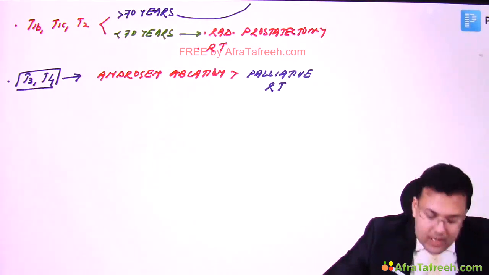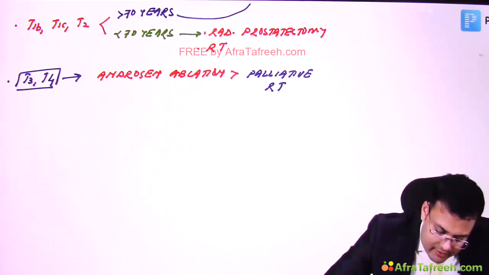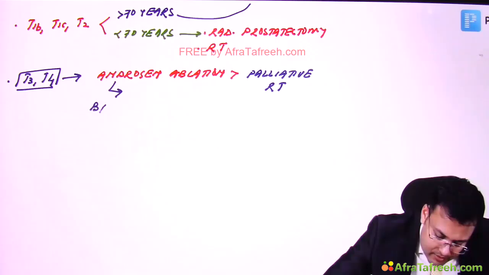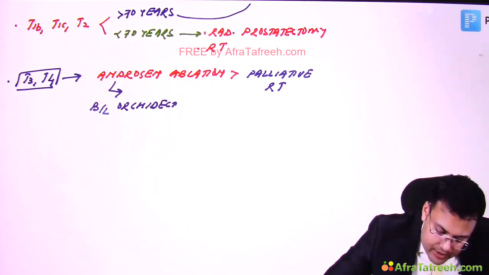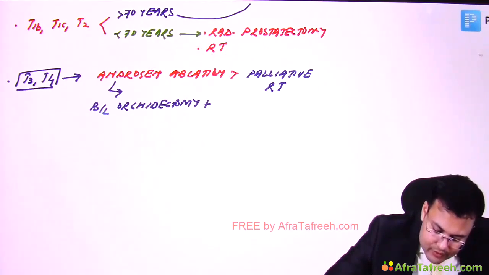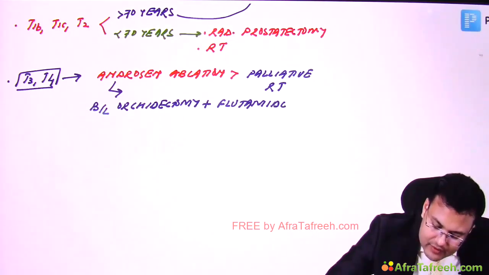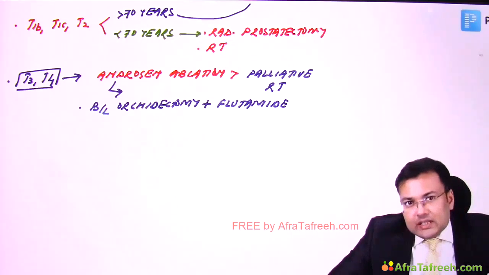How do we go for androgen ablation? Bilateral orchidectomy plus flutamide. Okay, and if the patient doesn't give consent for orchidectomy, what is the other alternative?